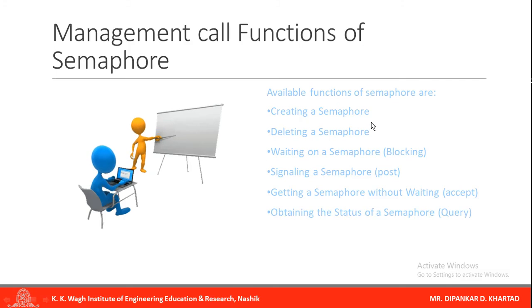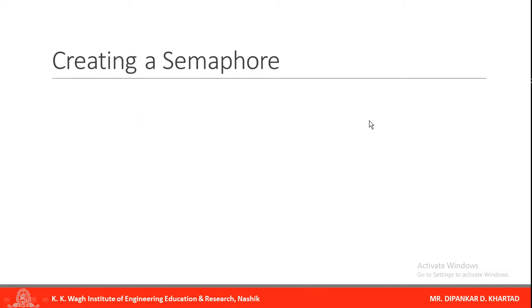We will start with creating a semaphore. Its syntax is OSM create, and in this we have to pass the unsigned integer. The argument is C and D, a 16-bit unsigned integer.